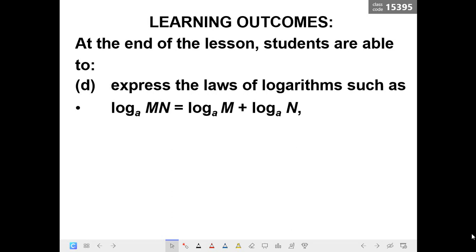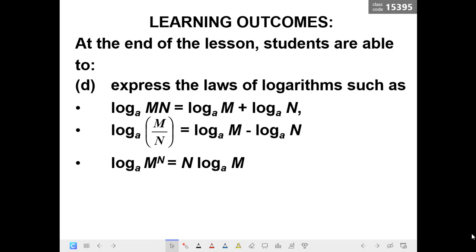Still remember class, you have 3 rules of log. Log m times n is equal to log m plus log n to the base a.